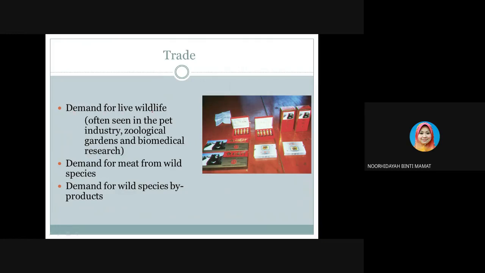The demand for meat was described in our previous topic, and the demand for byproducts can be seen in the clothing industry, the accessories and ornaments industry, and also in traditional medicine. So this is the demand for wildlife.